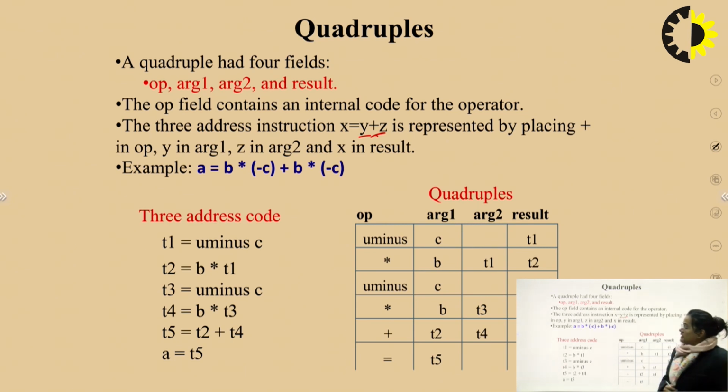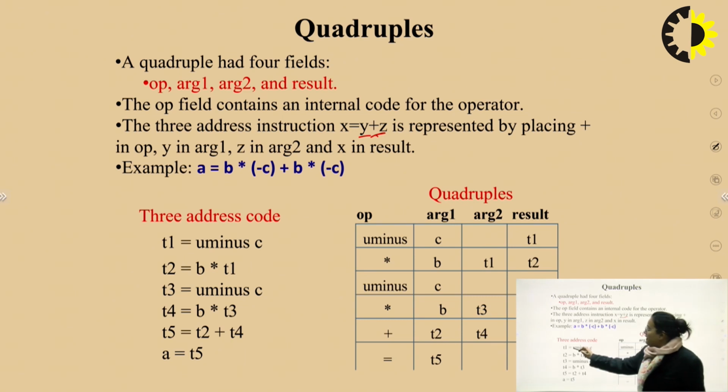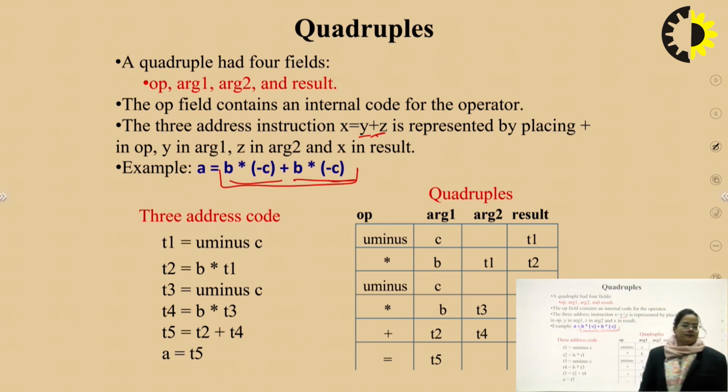So let's take an example: x equals b multiply unary minus c plus b multiply unary minus c. The three address code for that statement: T1 equals unary minus c, T2 equals b multiply T1, T3 equals unary minus c, T4 equals b multiply T3, and T5 equals T2 plus T4. Then A equals T5.